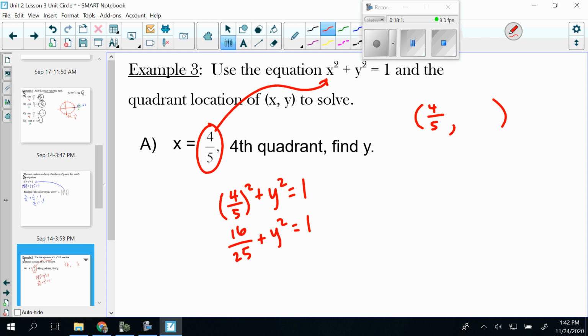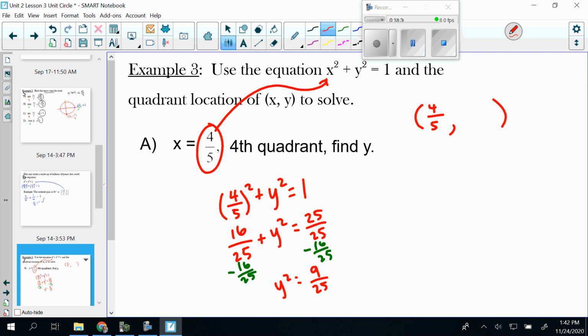If I'm going to subtract that from 1, it's probably easier to think of 1 as 25 over 25. Let's get a common denominator there. So if I subtract 16/25ths from 25/25ths, I get y squared equal to 9 over 25.